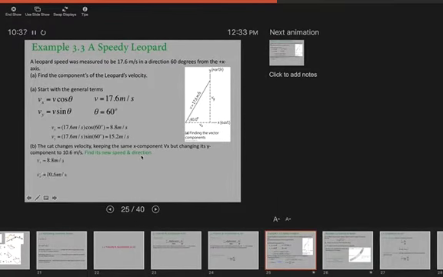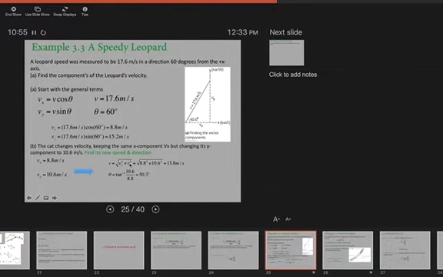So what you need to do now is find the new speed. Remember the speed, which you can see here, is also something we covered before. Please review the previous chapter if you forgot. This speed is nothing but the absolute value, the square root of vx square plus vy square.